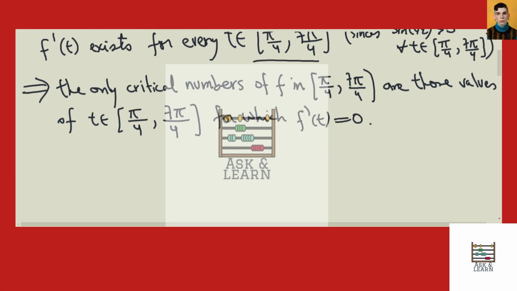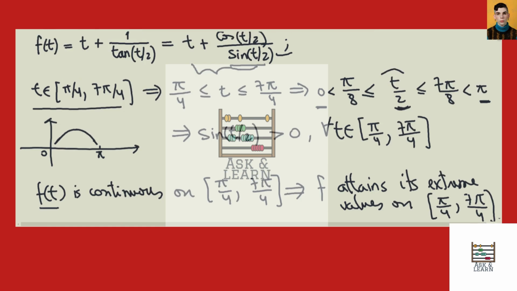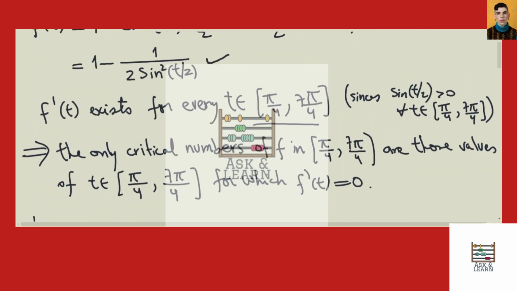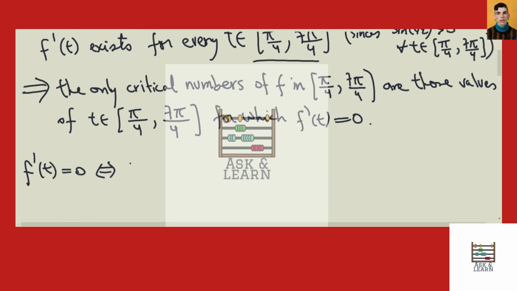That is, we start with the derivative of f equal to 0, and that's the same thing as using the formula of the derivative, which is this one here: 1 minus 1 over 2 sine square of t half is 0.